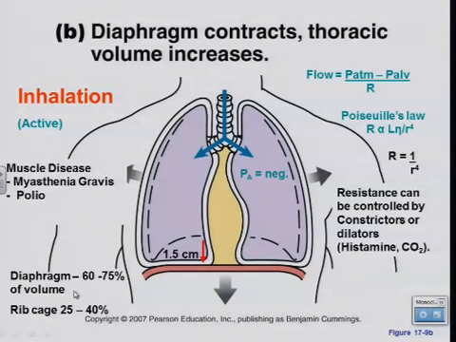And remember, it's the external intercostals within the rib cage that help to pull that rib cage open. But it's the mechanics of the rib cage and the diaphragm as we increase the volume of the thorax that allows airflow to move in. And it's this negative pleural pressure that facilitates this action.